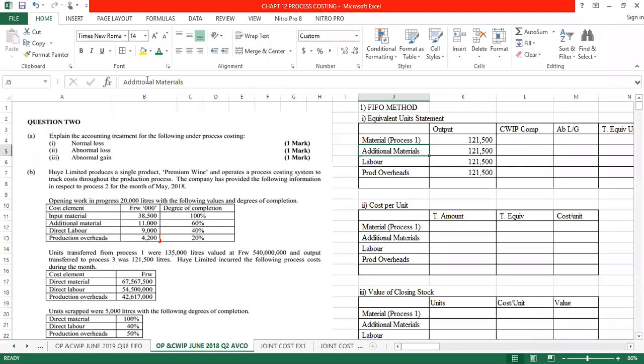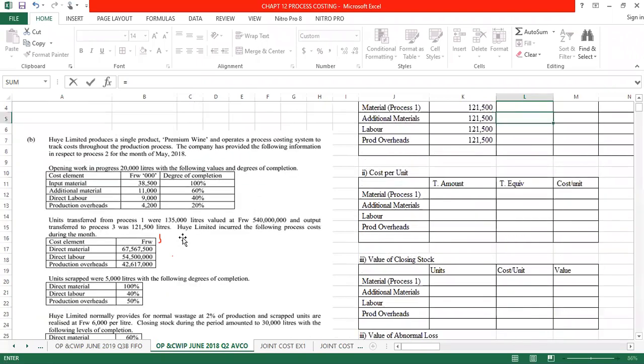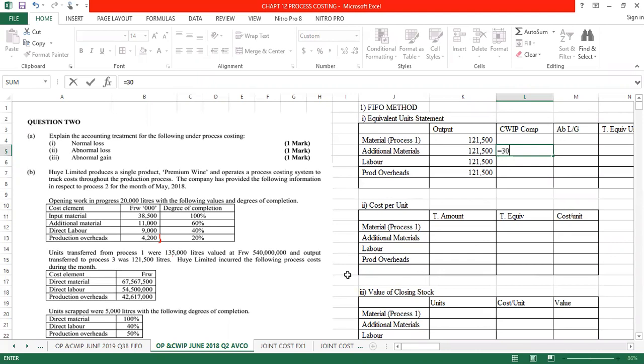So for additional direct materials, 60%. So 60%, 40 and 15. 60% of 30,000, so it is 30,000 times 60%. Next is 30,000. I know I've skipped something. I'm coming back to it.